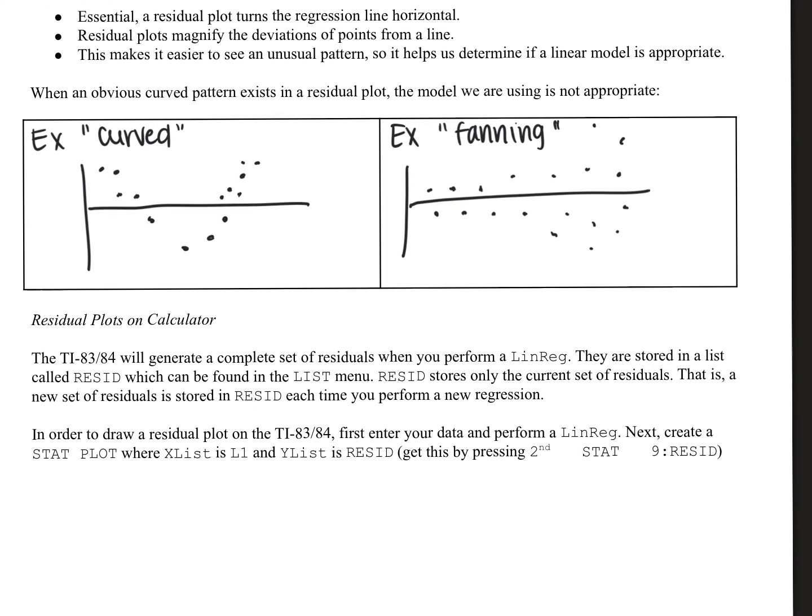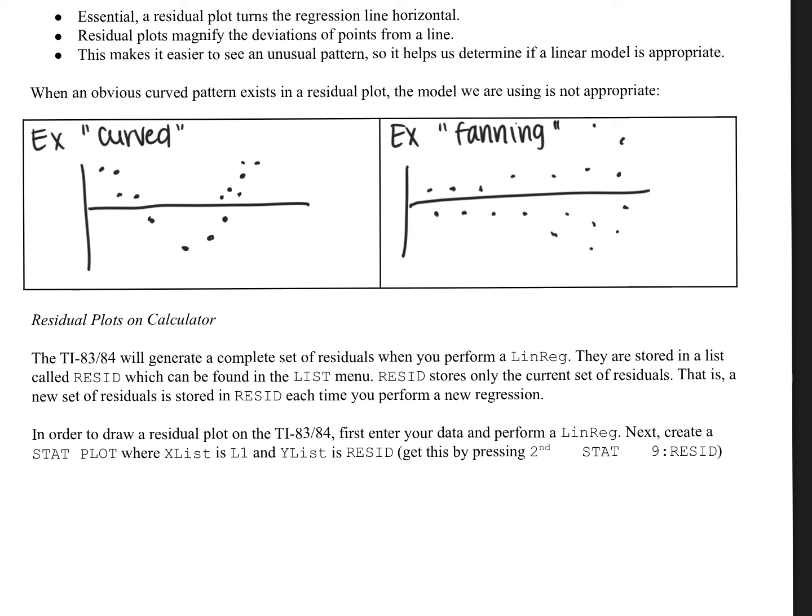So when it comes to doing residual plots on the calculator, there is no residual graph. So the process is a little bit different. We can get our residuals when we perform linreg. They're stored in a list called RESID, which is found in the list menu.